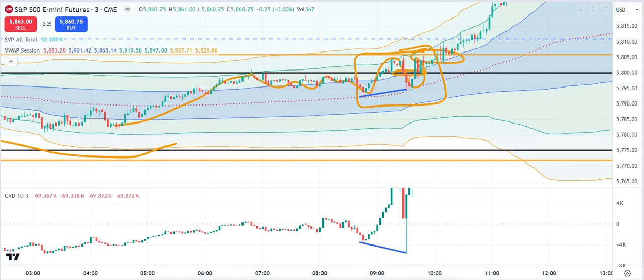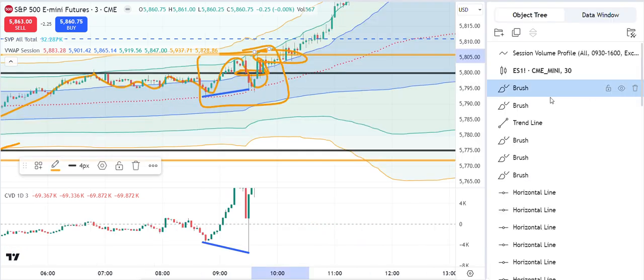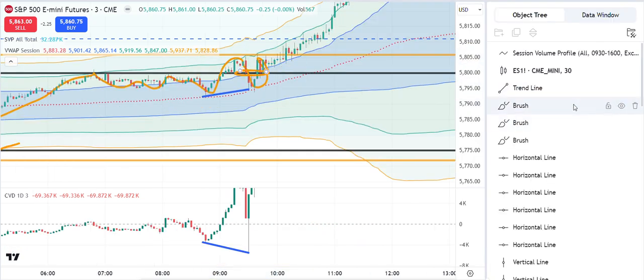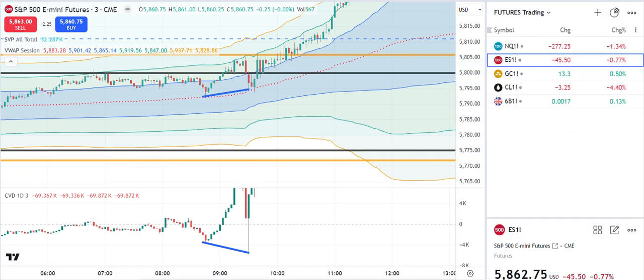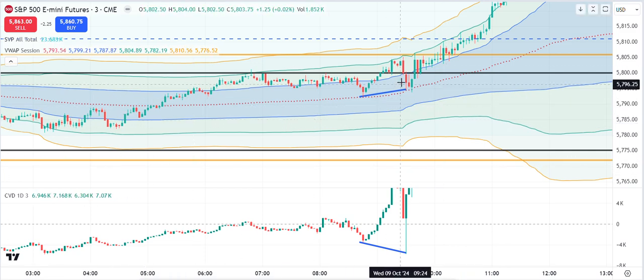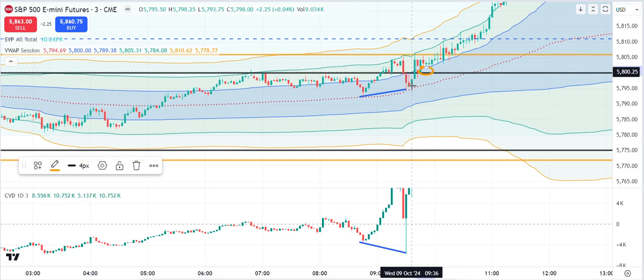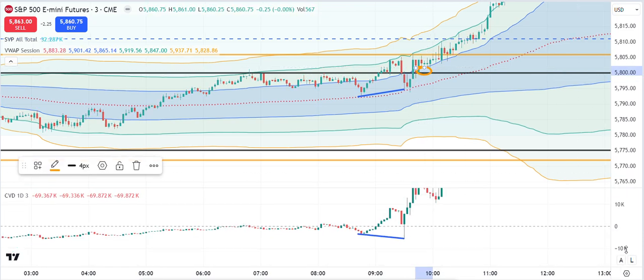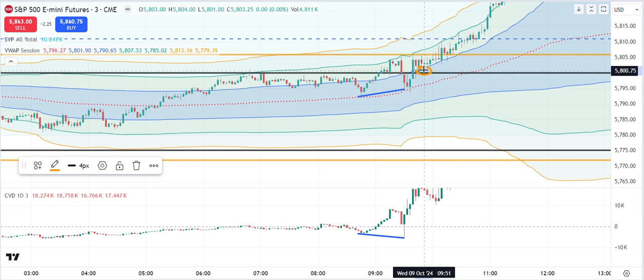let's put on VWAP. Now you can see its divergence to point of control, and you can enter right there. That could be an entry for longs. Stop below this low.